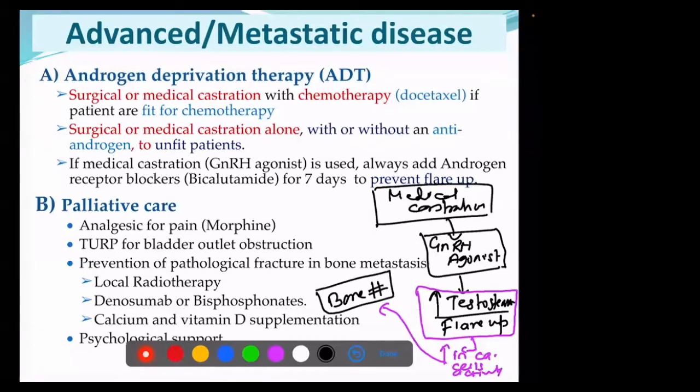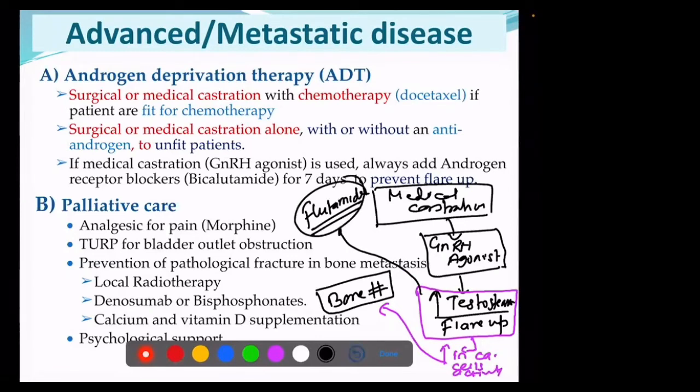So a patient who was stable, by using drug, you made it unstable and fracture of vertebra, leading to spinal cord injury. That's why if you are using GnRH agonist, there's a chance of testosterone flare up. To combat this situation, we always add flutamide for 7 days, and then we continue as GnRH agonist.